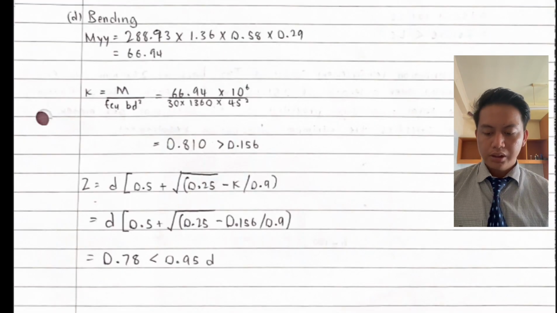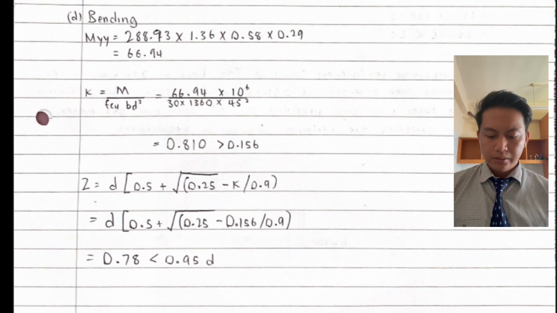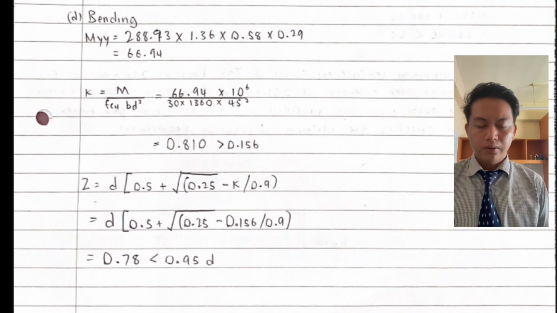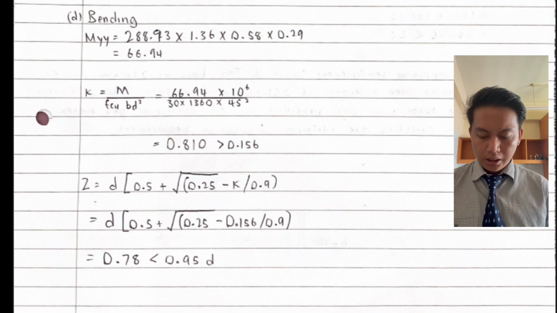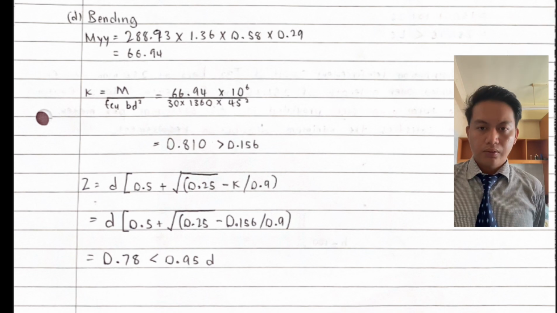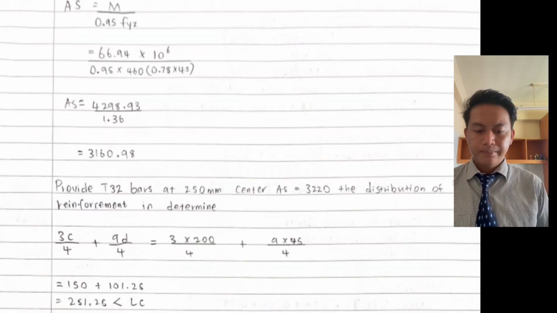Moving to the next one is bending. For the bending, the K value is 0.810, which is bigger than 0.156, and we use the 0.156 to calculate Z, and Z equals 0.87.